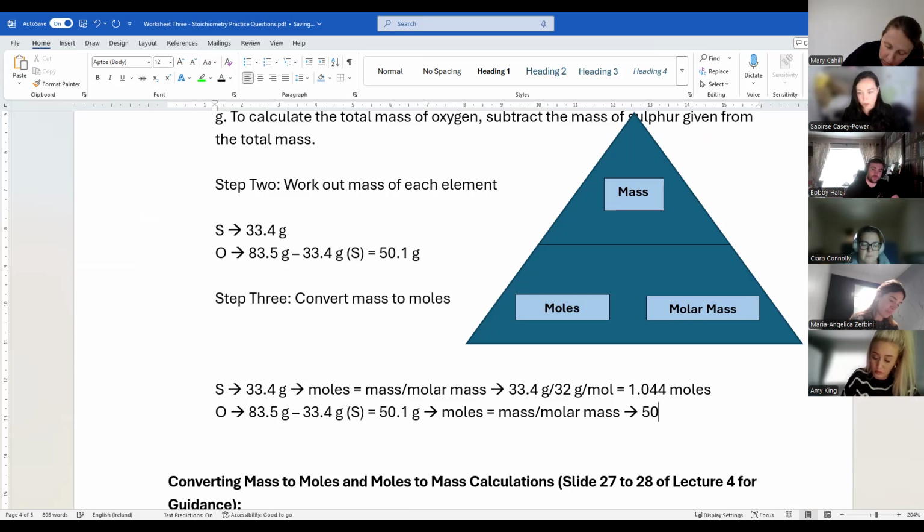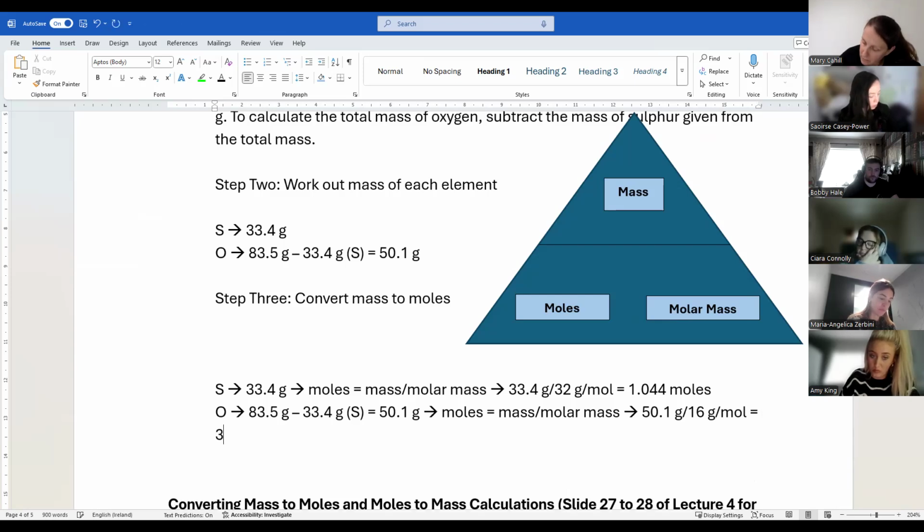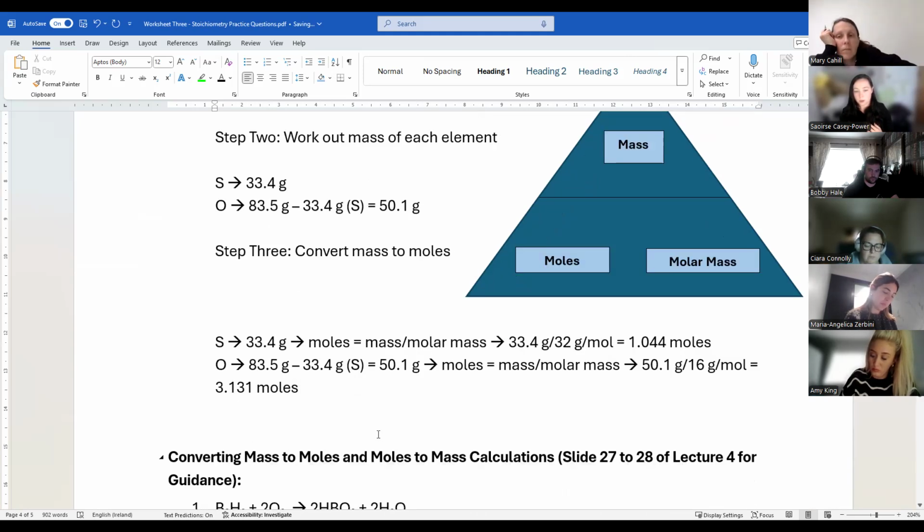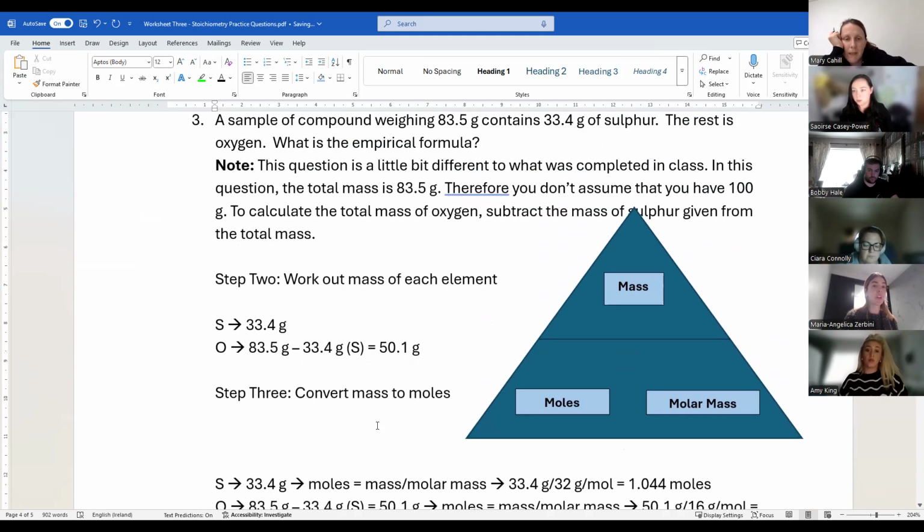So that will be 50.1 grams, and I'm going to divide that by 16 grams per mole. That should give us, to 3 decimal places, 3.131 moles. Everyone okay with that, guys?